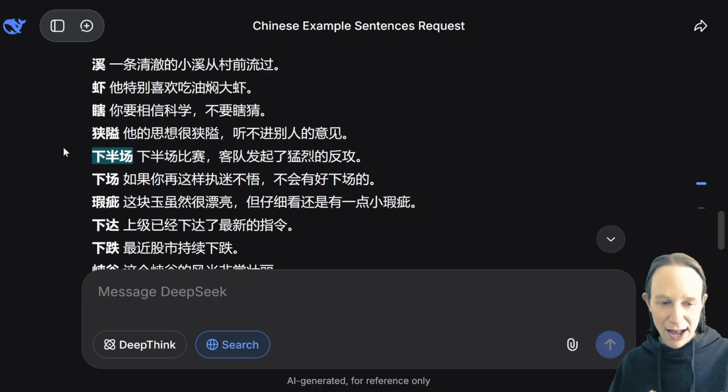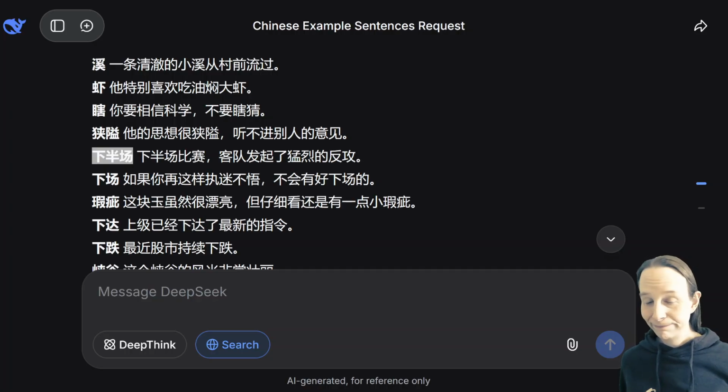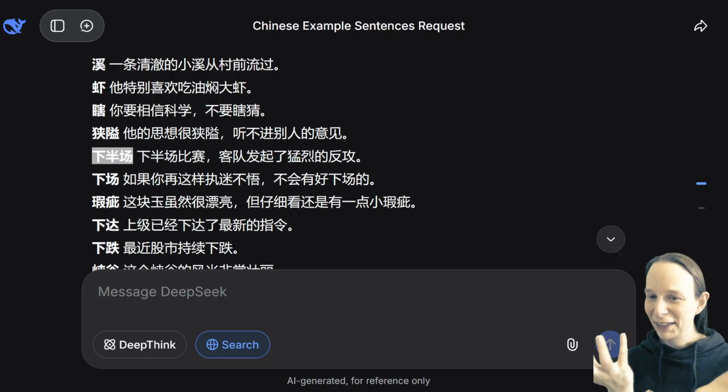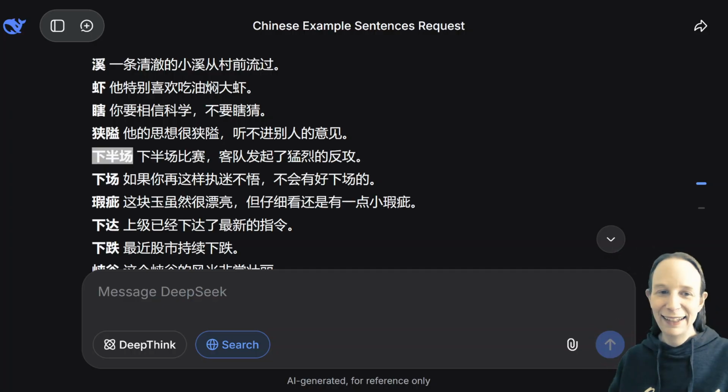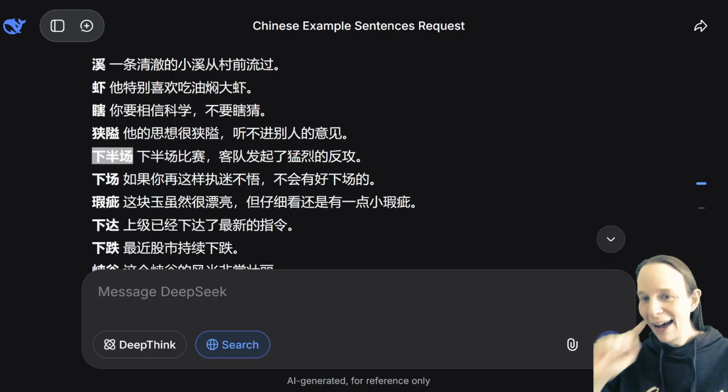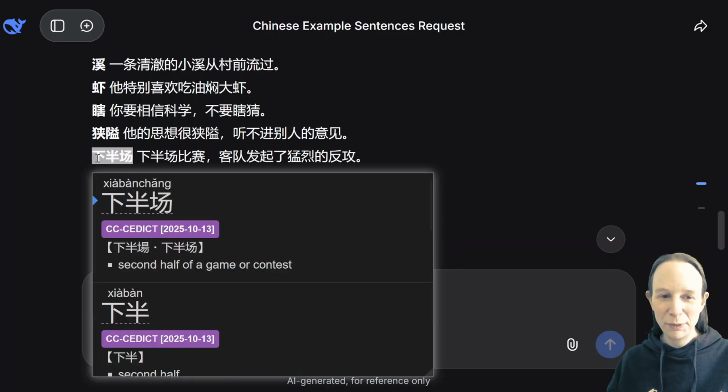下半场, 下半场. So this refers to a sporting event where you have 半场, right? So there's two halves, right? So the 下半场 is the latter half of two halves of a sporting event.